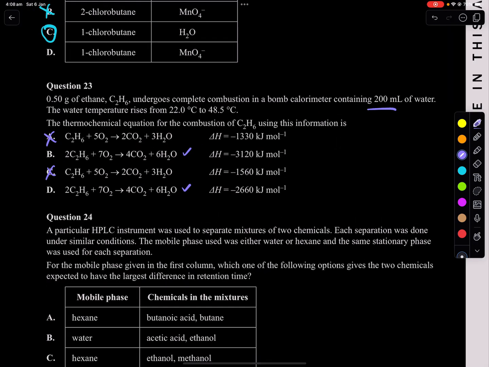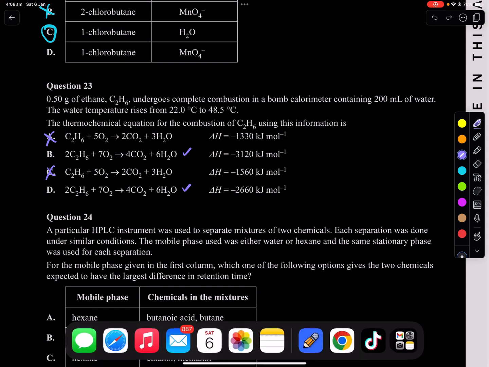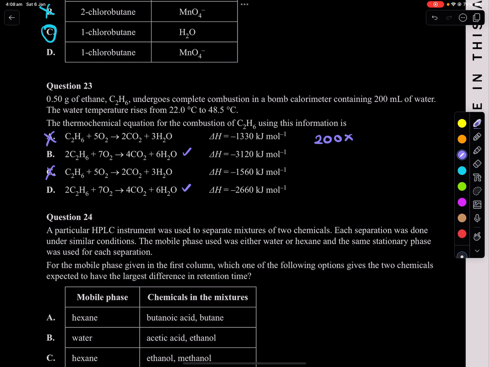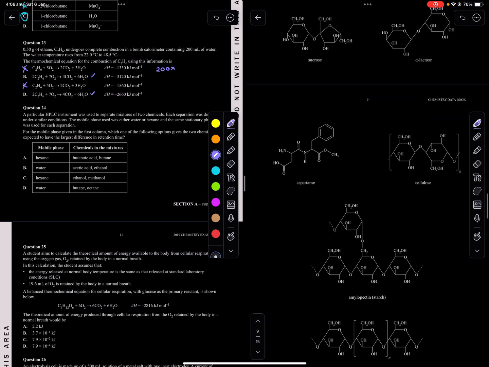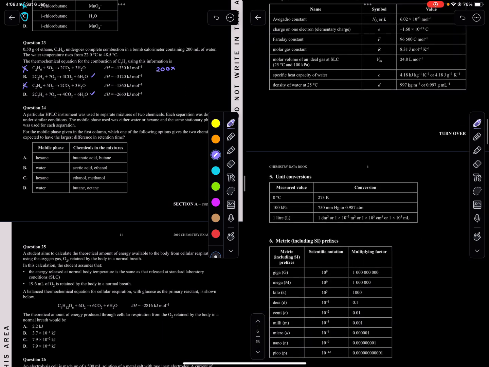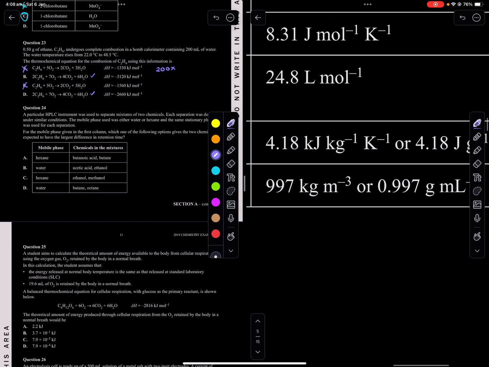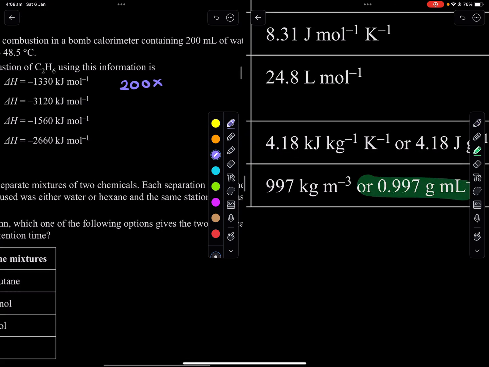For example, if we have 200 milliliters of water, which we need to convert to grams, the way to do that is we're going to multiply the 200 milliliters by this constant. It's in your formula sheet to get it into grams. That's only for water. Where is it? Right over here. So it's going to be 0.997.